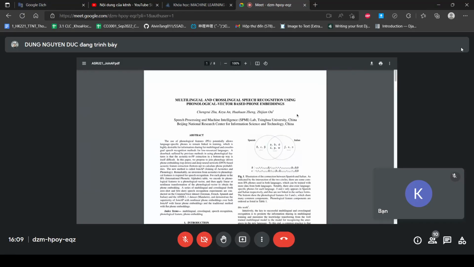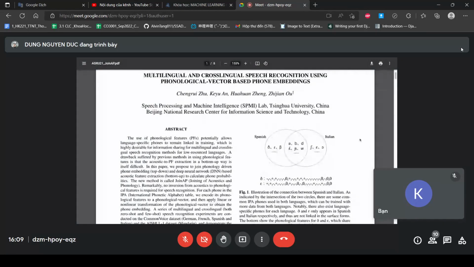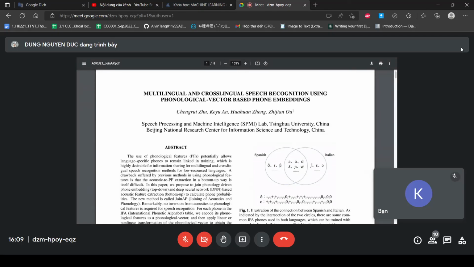Well, the same lab. So this one is also another recent paper of the team about multilingual and cross-lingual speech recognition. And I think that is a good idea. Sometimes when you speak Vietnamese with English, and sometimes even if you are speaking with English people, you cannot pronounce the name of some food using English, but Vietnamese, like phở or bánh mì.